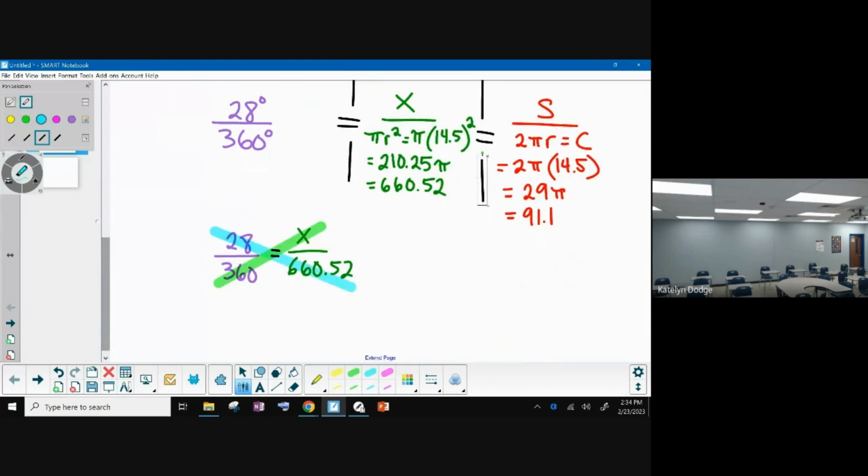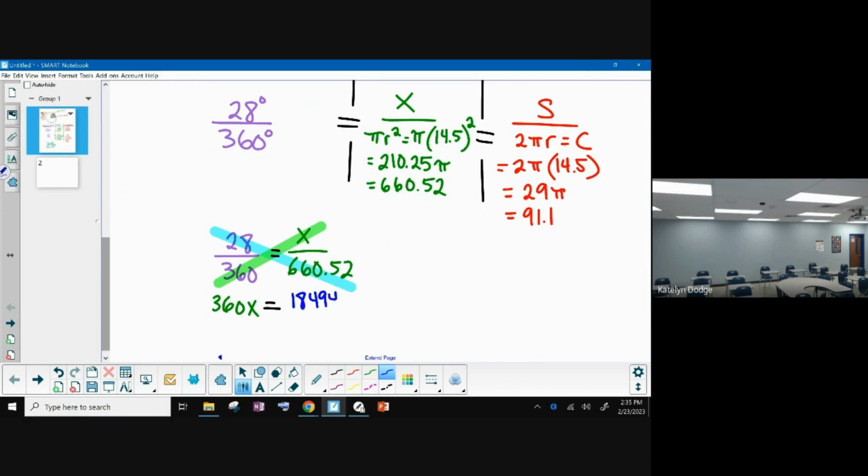Now all I need to do is cross multiply. 360 times x is going to be 360x. Don't forget your equal sign because some people cross multiply and they forget where to put that actual equal sign. So now I'm going to multiply 28 times 660.184, which is 18,494.56.